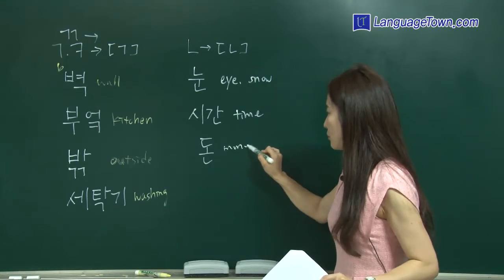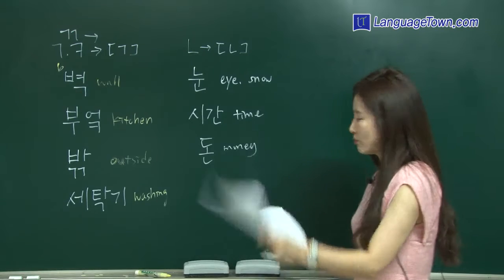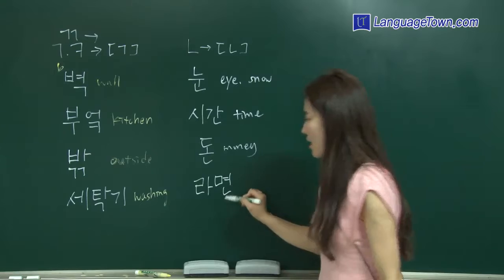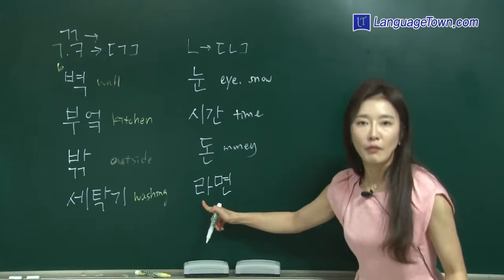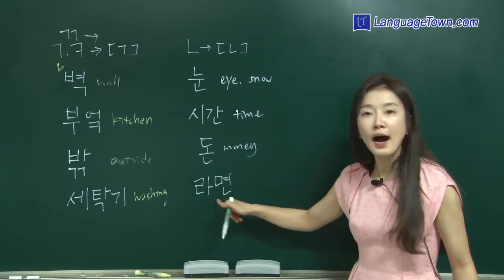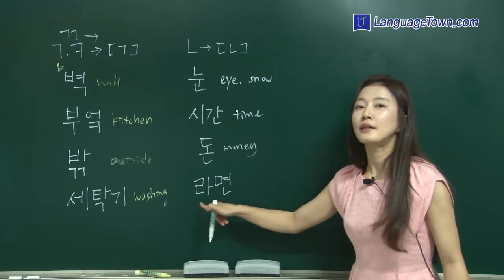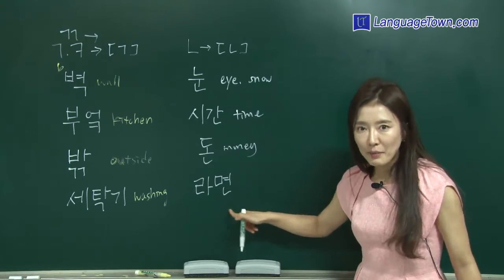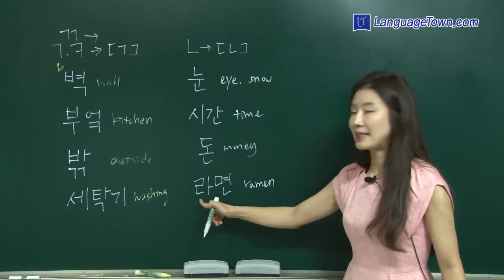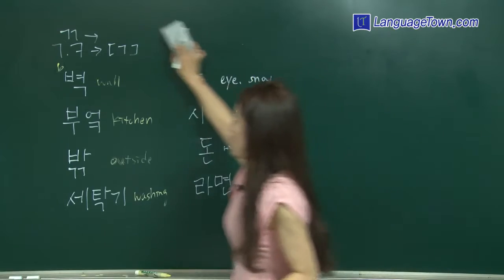Yes. Money is 돈 in Korean. Important word, right? Yeah. Yeah, we all love this. What is it? Yes. 라면. What is it? Yes, ramen. It's Korean. 라면. Very good. Let's keep going.